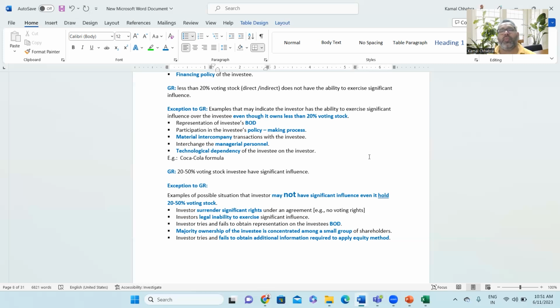For example, nowadays in the startup era, there are many people who work as a mentor for a startup, and they take 2 to 5% or 5 to 10% equity in that startup for providing their guidance.